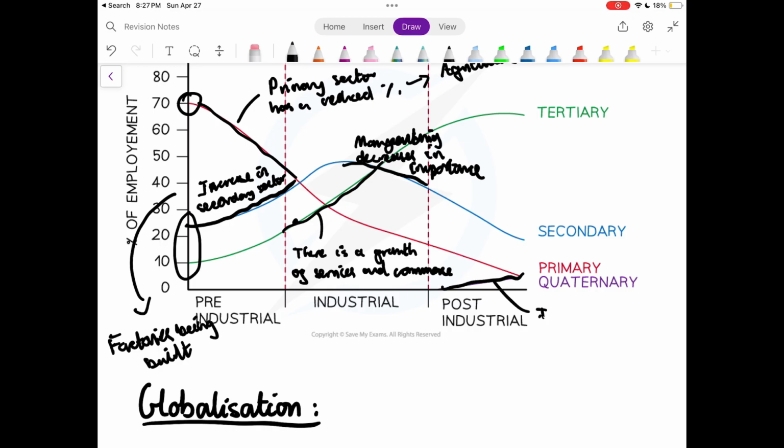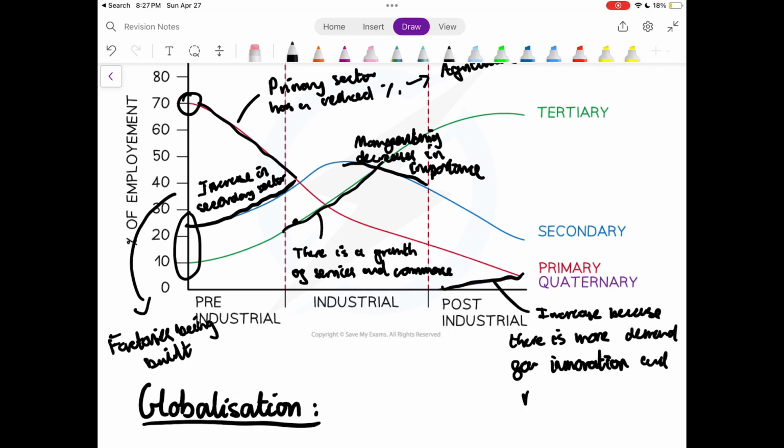So it will increase because there is more demand for innovation and research.